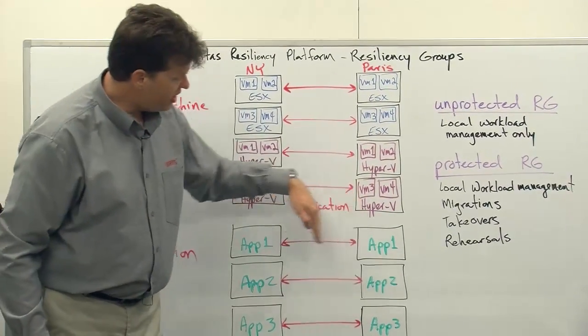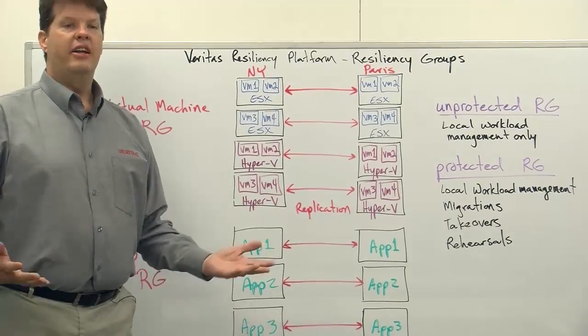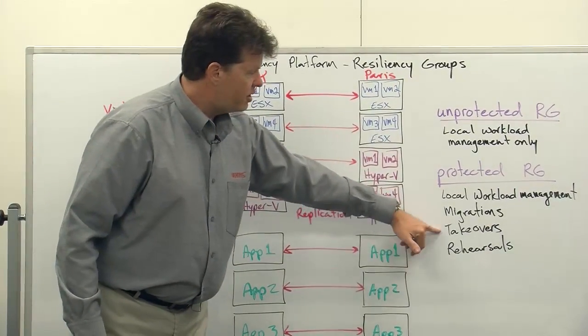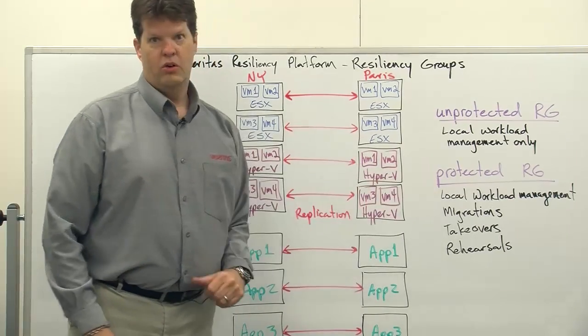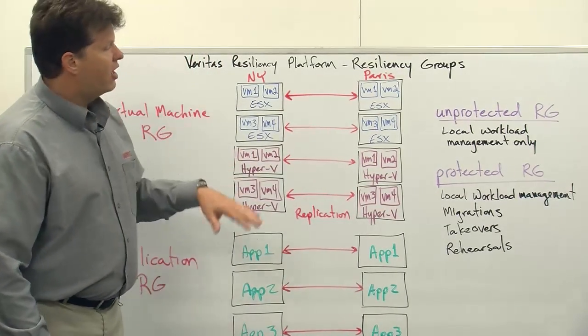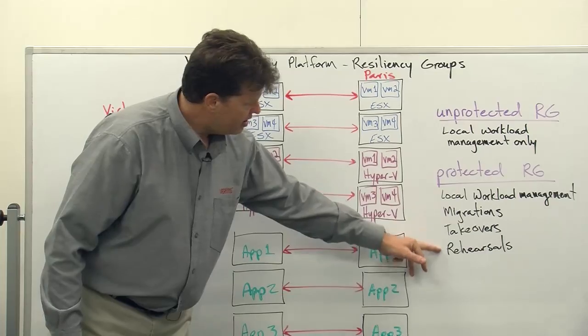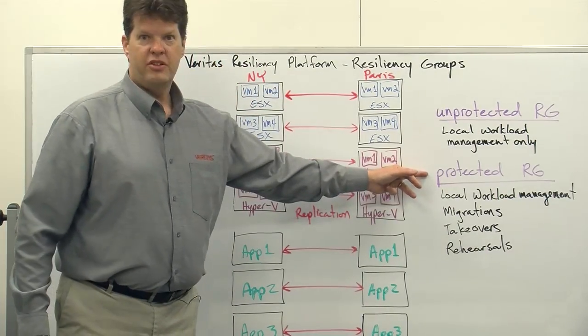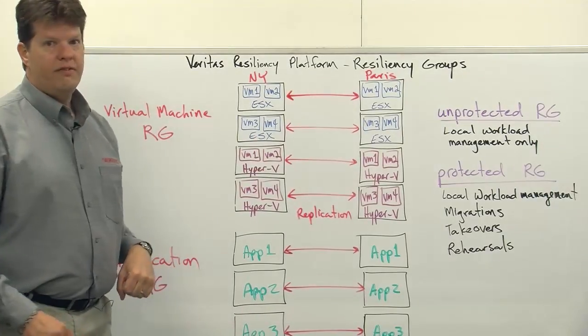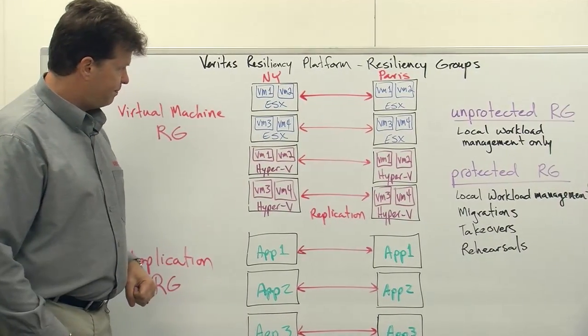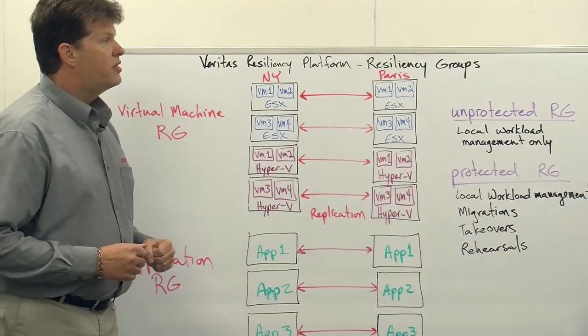Once that association has been created, then we can do migrations, we can do takeovers, we can do rehearsals, and we can still also do local workload management. We cannot do any of these unless we're in a protected resiliency group and we have that end-to-end view via the replication. And that's pretty much what a resiliency group is.